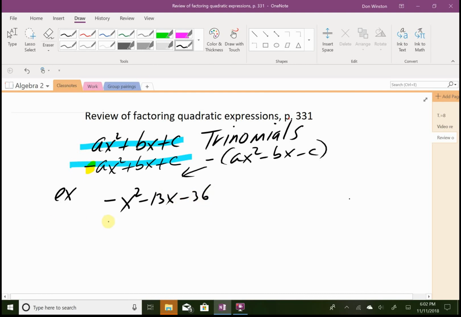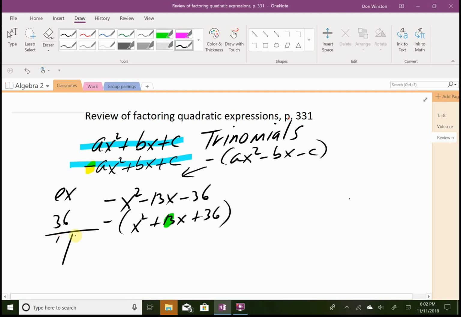Again, I'll factor out the negative. So this would be negative, x squared plus 13x plus 36. Again, I have to find factors of 36 which add up to 13. So I'll list all the factors of 36.